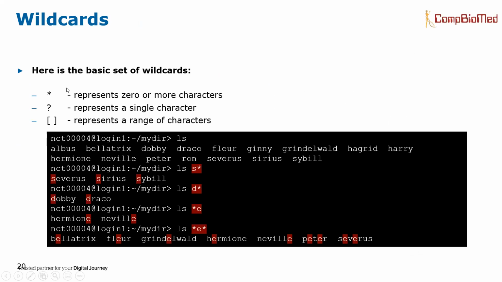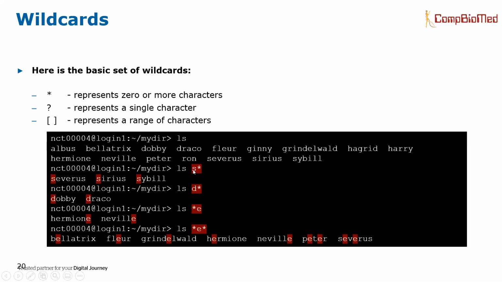One important thing is the wildcards, and these are important because when you start working with Linux, you will have many files, and sometimes you will need to process different files the same way. For example, if I have a directory with many files, and I want to select all the files which start with the letter S, I can do this using the star character.